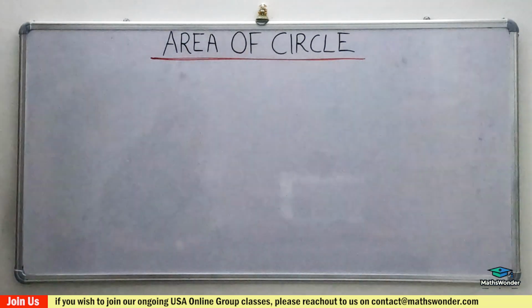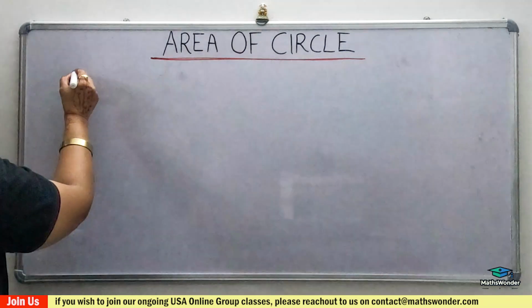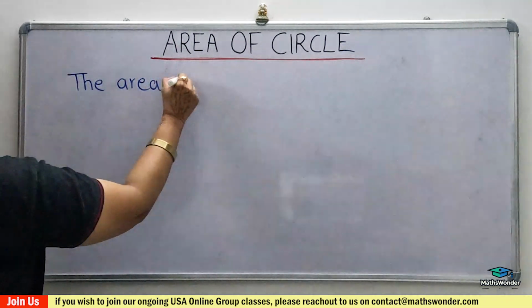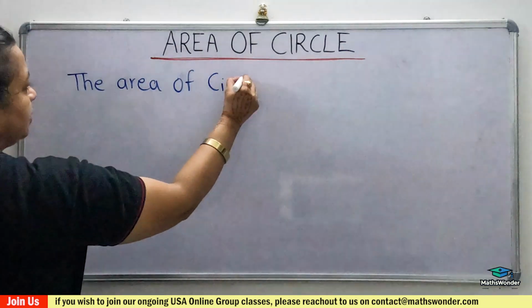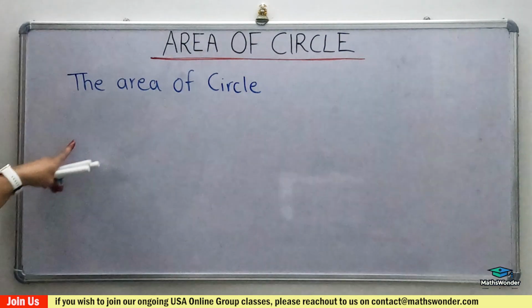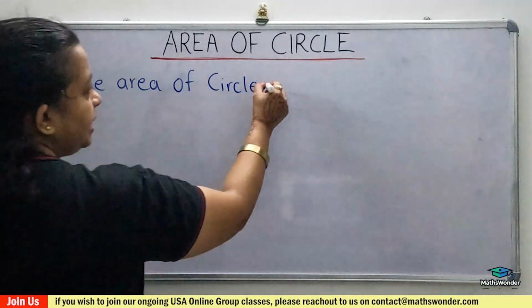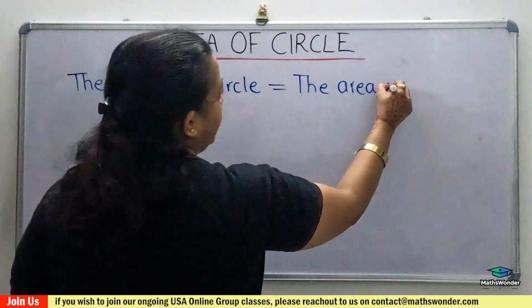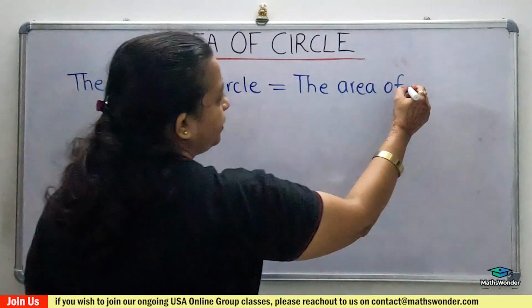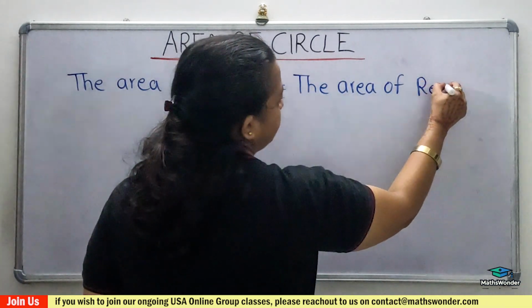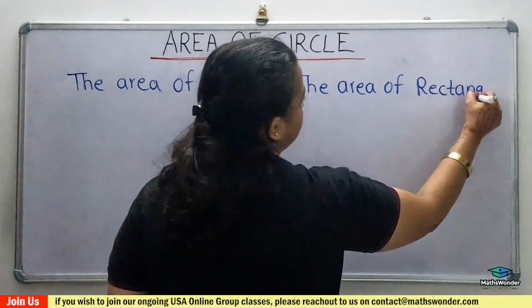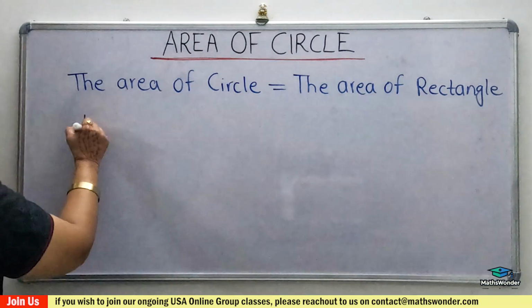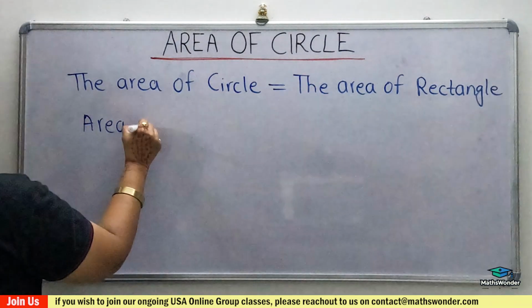So, according to the figure, right? The area of circle is equal to the area of rectangle. As you know, the area of rectangle is what?